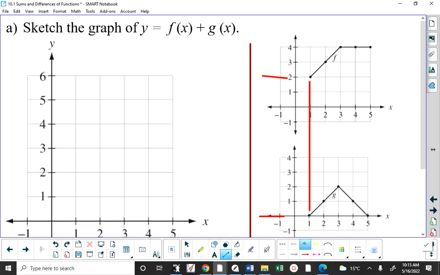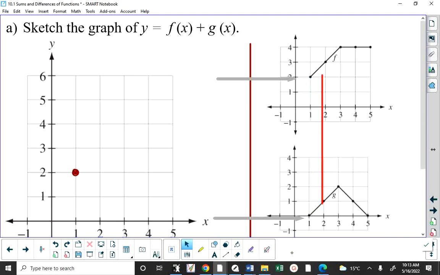So when x is 1, the y coordinate on F is 2, the y coordinate on G is 0, 2 plus 0 is 2, so at x equals 1, y is equal to 2. And then you move on to x equals 2.